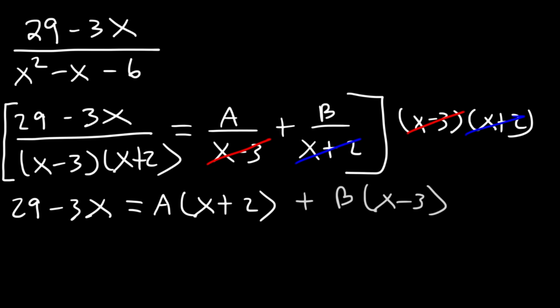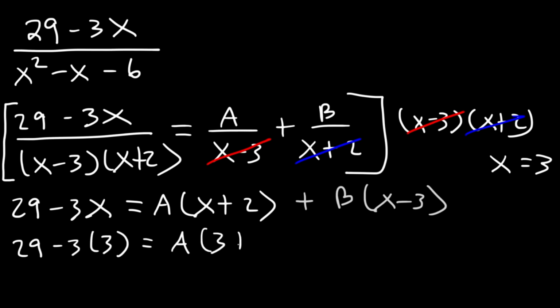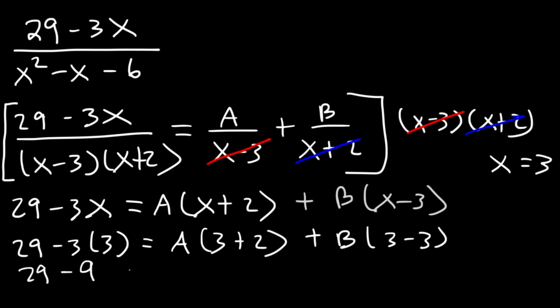So at this point, let's plug in x equals 3. This is going to be 29 minus 3 times 3, and that's equal to a times (3 plus 2) plus b times (3 minus 3). 3 times 3 is 9, and 3 plus 2 is 5. 3 minus 3 is 0, so this disappears. 29 minus 9 is 20, and that's equal to 5a.